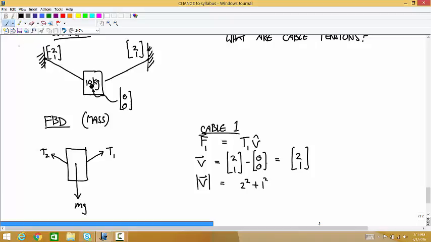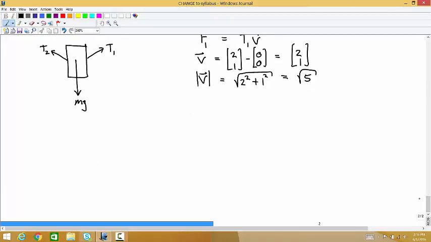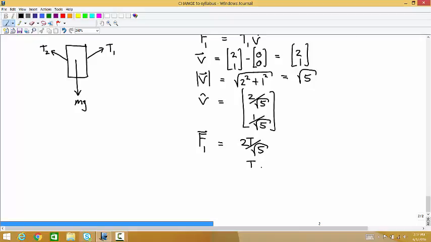This actually might be the exact same problem we had earlier. The length is square root of 5. And so the unit vector is (2 over root 5, 1 over root 5). And so finally that force vector, F1, is equal to (2T over root 5, T over root 5).